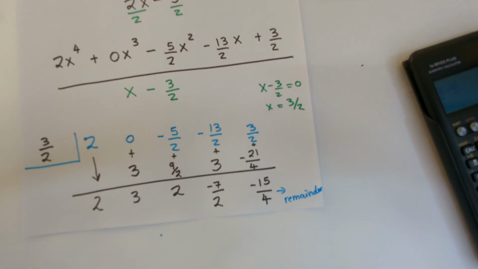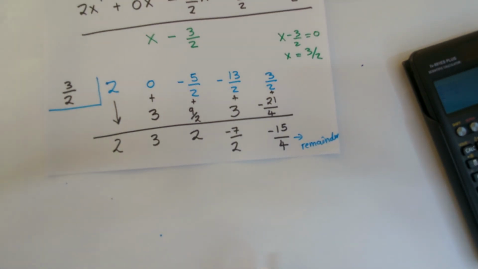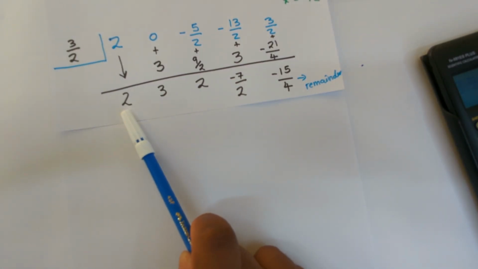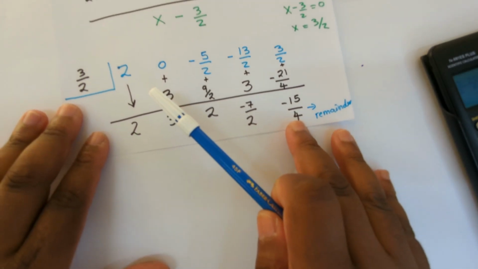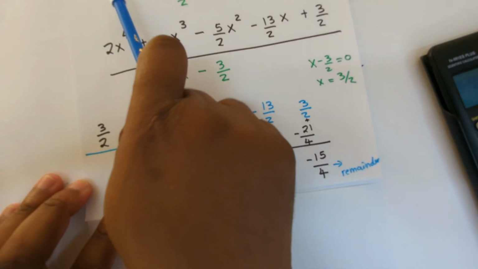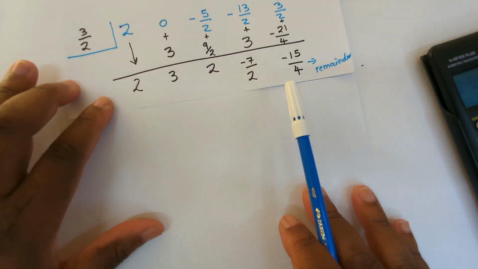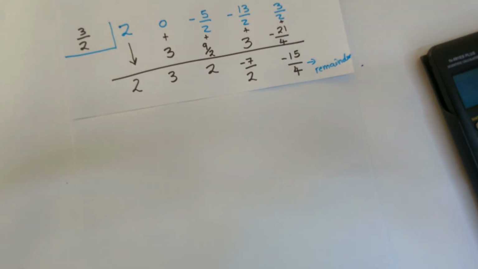Now let's write our final solution. Since our original question had a degree of 4, it was 2x to the power 4, our answer is going to have a degree of 3.